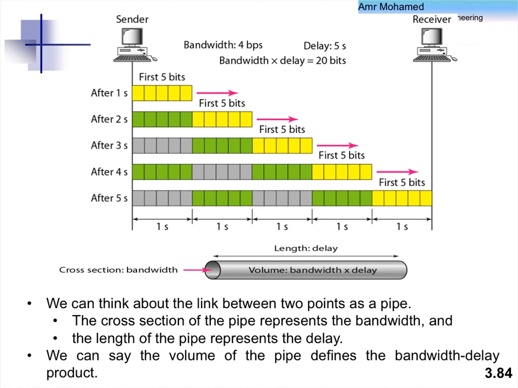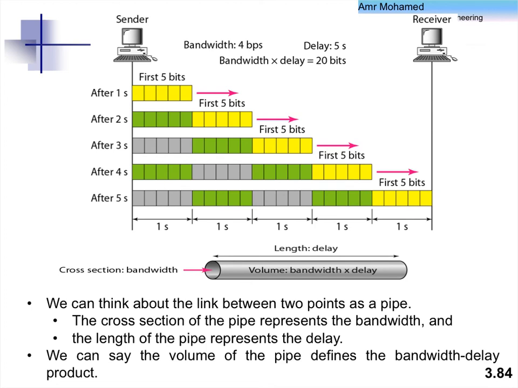So in that case, the bandwidth delay product is simply the volume of that pipe, which is the total number of bits that can fill this pipe. So visually, we can understand the metric of the bandwidth delay product, which is measured simply as the number of bits, right? It's the volume of this pipe.